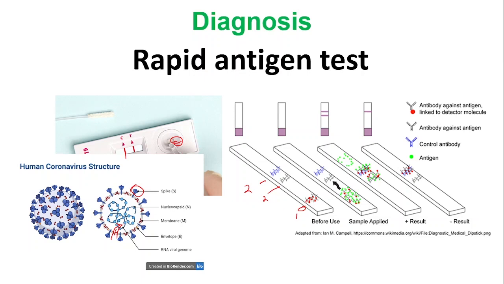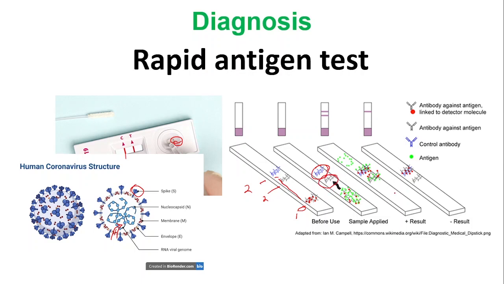After we put in the antigens, the antigen binds to these antibodies, and these antibodies move to bind these secondary antibodies. The control antibody binds to this secondary control antibody, and our test antigen having antibody binds to this secondary antibody.